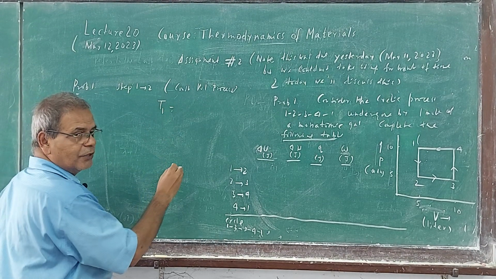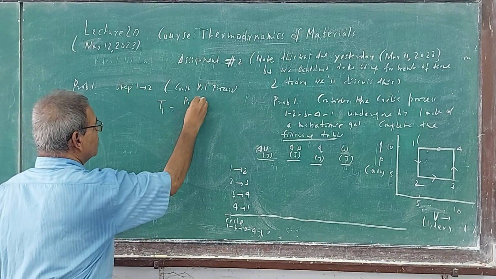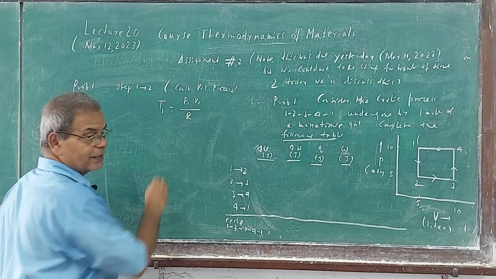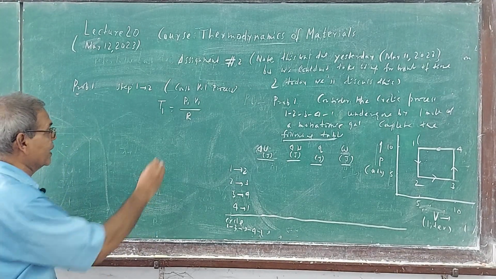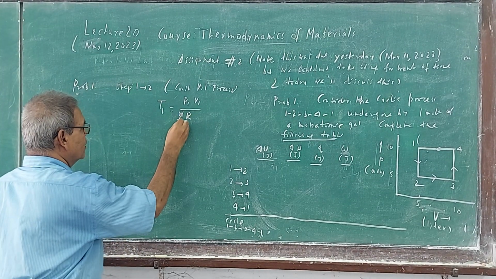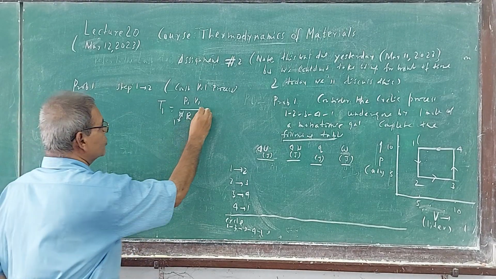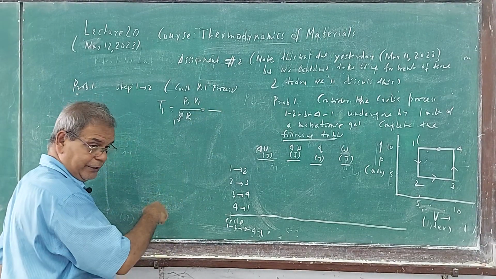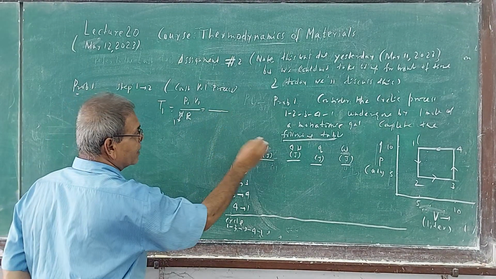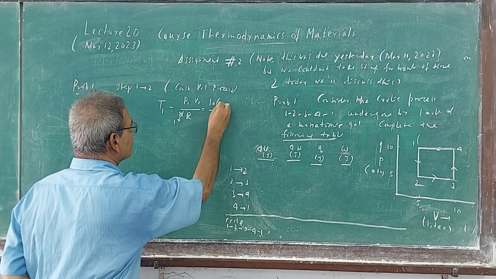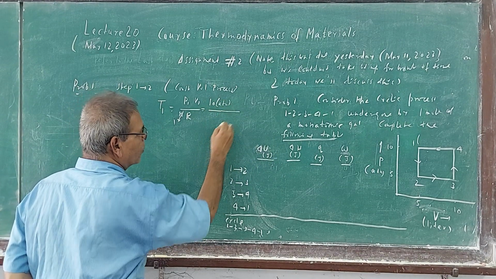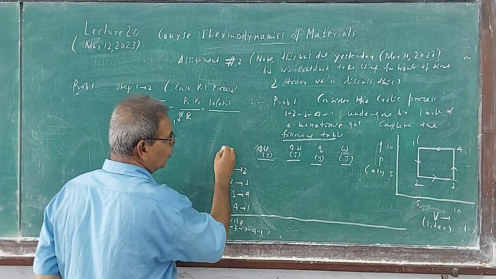T1 is what? You know, P1 V1 by R, since 1 mole, nR. Actually nR, I show you. So substitute, careful about the units. P1 is 10 atmospheres, volume is 5 liters.